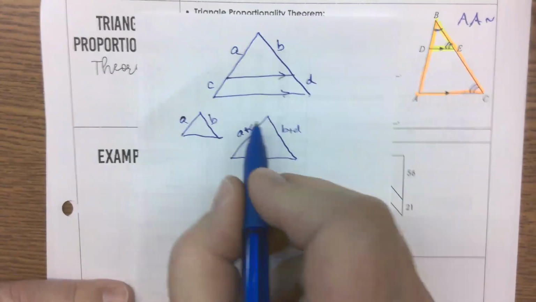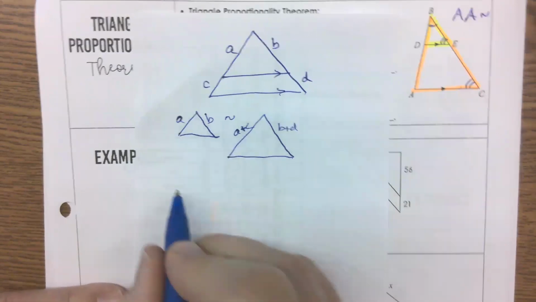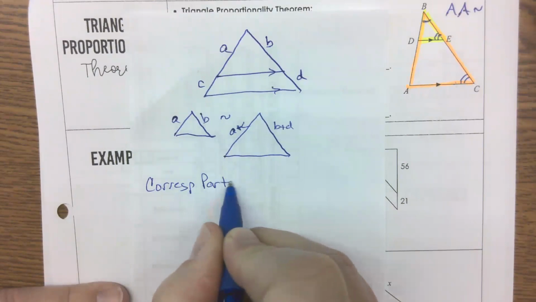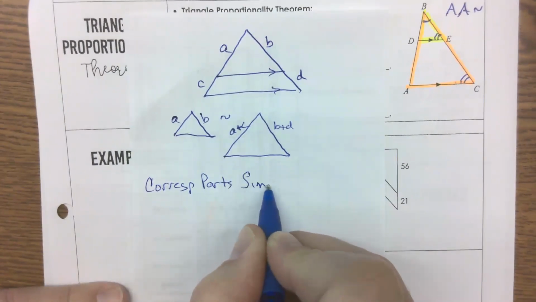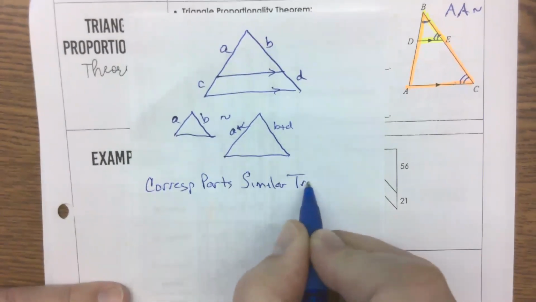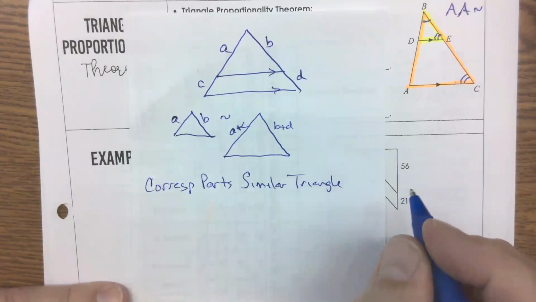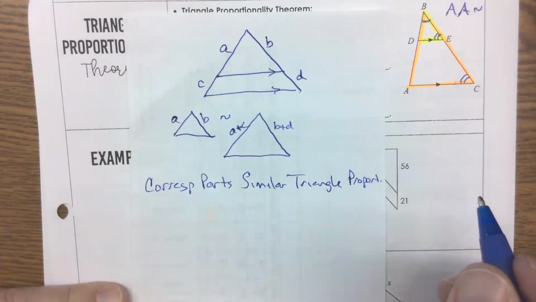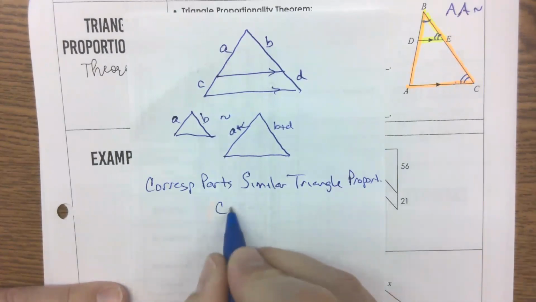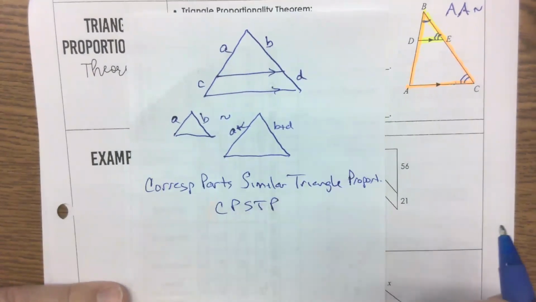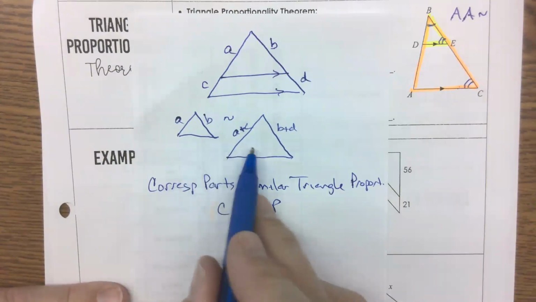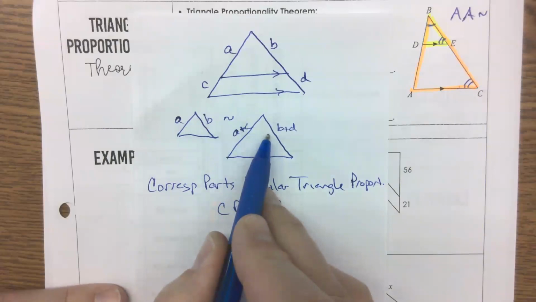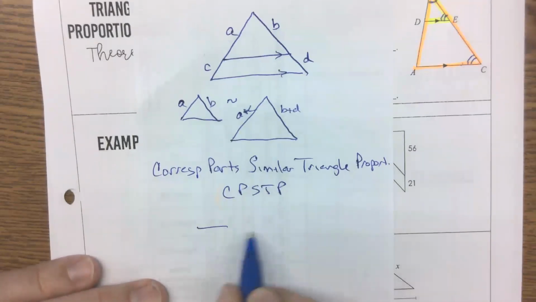And if they're similar, then that means corresponding parts of similar triangles are what? Are proportional. You'll see in your skills list that it talks about CPSTP. That's what this means. If I know the triangles are similar, then I can set up a proportion based on matching sides. So what would be the proportion I can set up here?